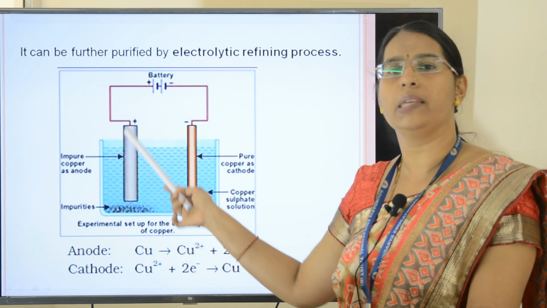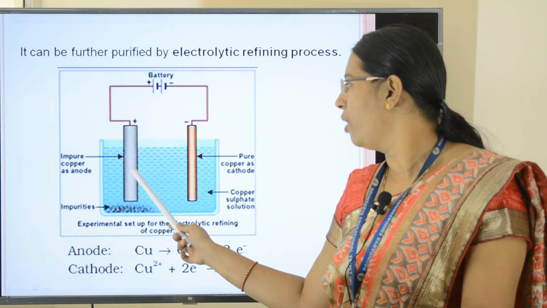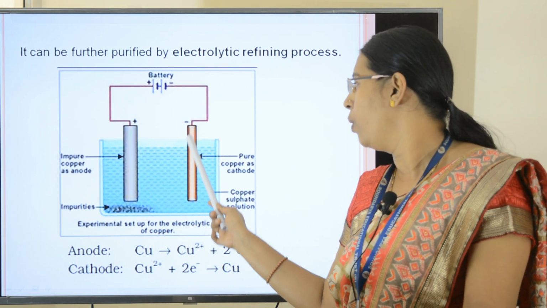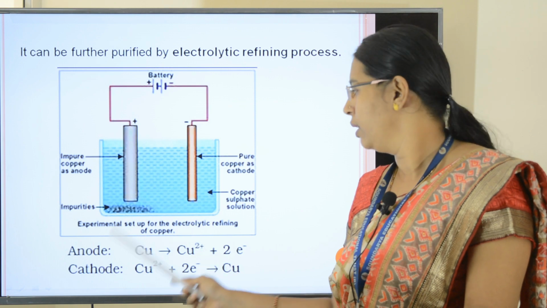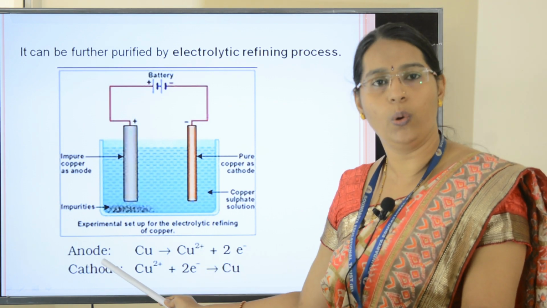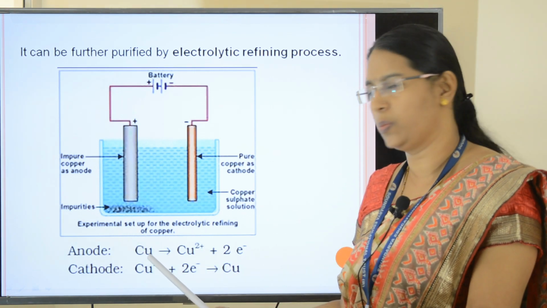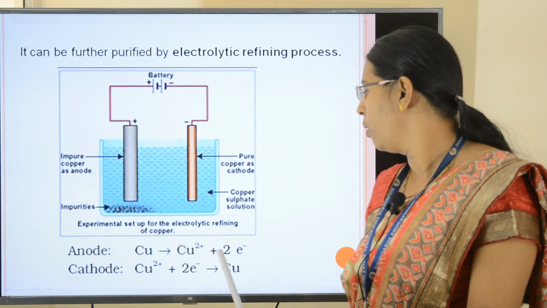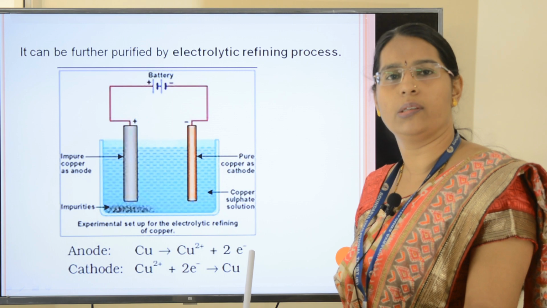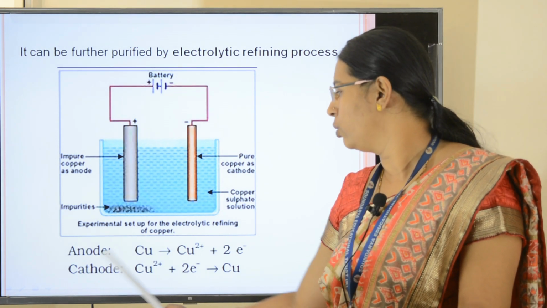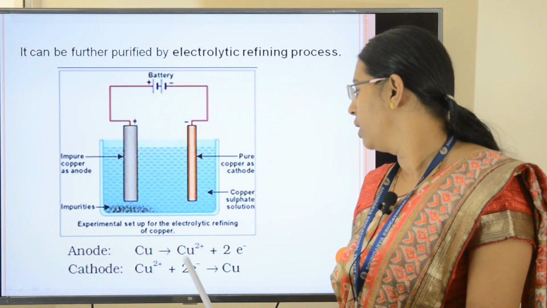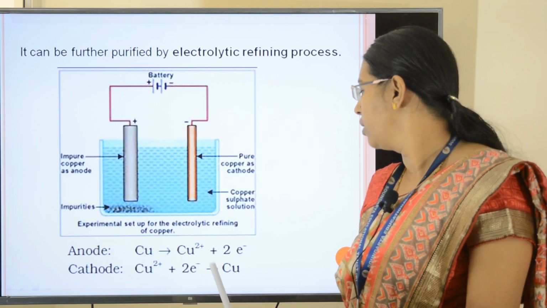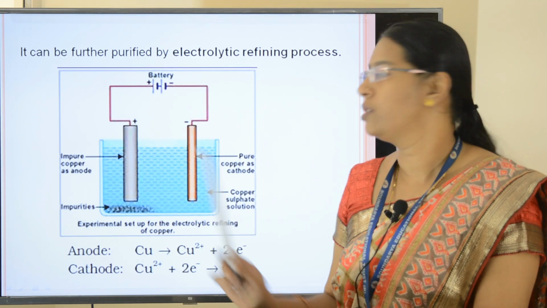Upon passing electricity, from the anode the pure copper goes and it deposits on the cathode. Here is the reaction at anode. The oxidation reaction takes place and copper is converted into Cu2+ ions and 2 electrons are released. At the cathode, Cu2+ ions combine with the electrons and are converted into copper, which is deposited on the cathode.